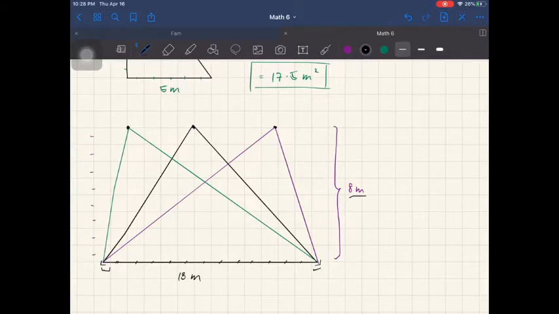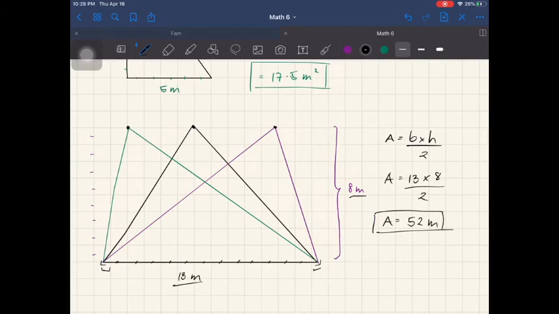Now, putting them together, area equals base times height divided by 2. Area, base is 13 times the height of 8 divided by 2. Let me use my calculator. 8 times 13 divided by 2. That's going to be equal to an area of 52 meters square.